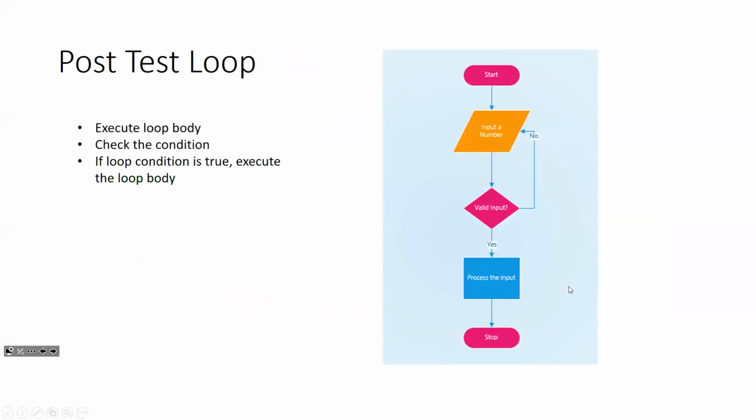Now, a post-test loop is one where we check the condition after we've already executed the loop body. So we can think about that happening after the fact. If we think about driving around town, we want everybody to kind of use a pretest loop logic, right? We want them to be looking ahead and deciding what they're going to do before they've done it.